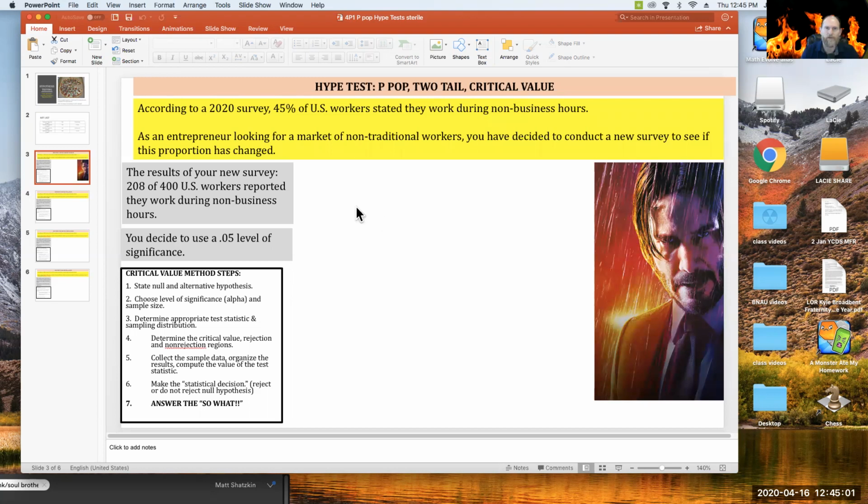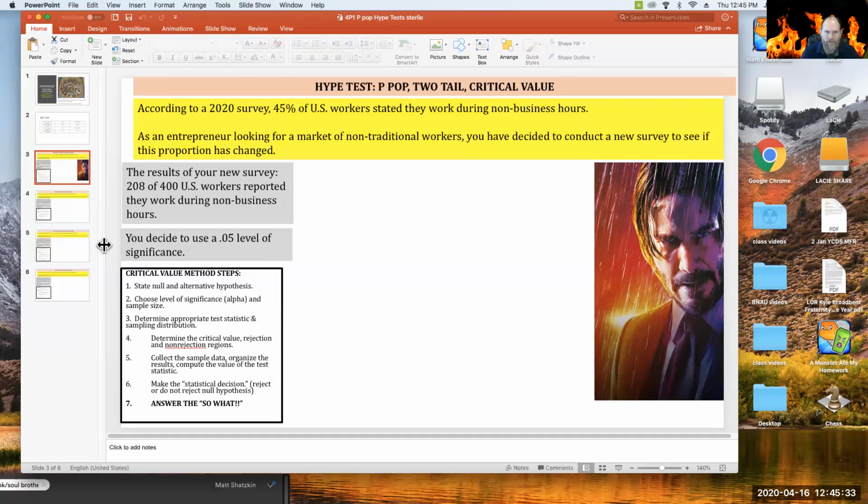So we are going to begin, just to be overt about it. This is a proportion population problem. And we are going to begin by doing a 2-tailed test, and we're going to use the critical value method. Now, before we get into the problem, the other beautiful thing is that there are steps to doing the hypothesis test.